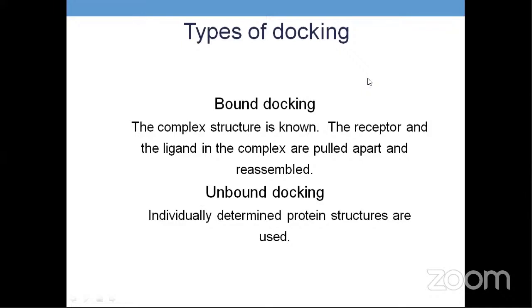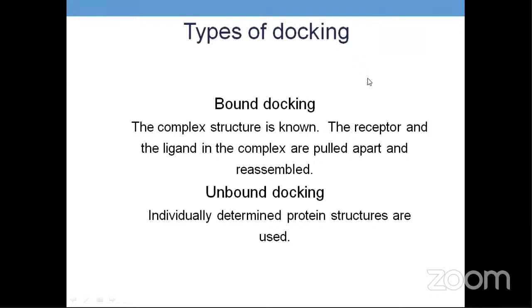Now, in all the types of docking procedures, we get numerous structures, say at least 10 different complex structures or 10 different conformations. So which one to choose? Because we don't know how the individual components interact. Here comes the energy minimization. I think I discussed energy minimization in my previous lecture.